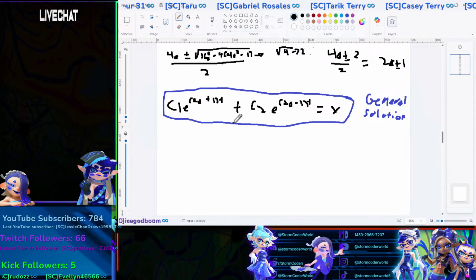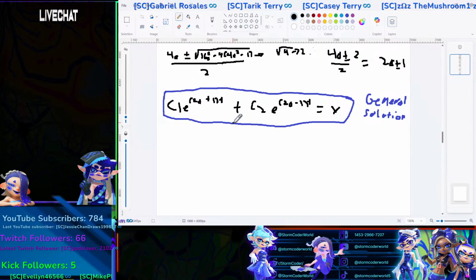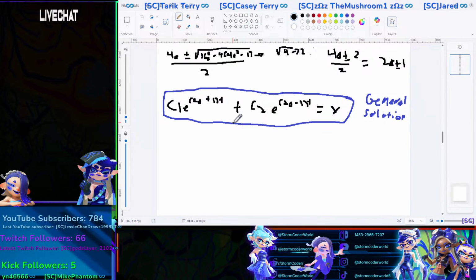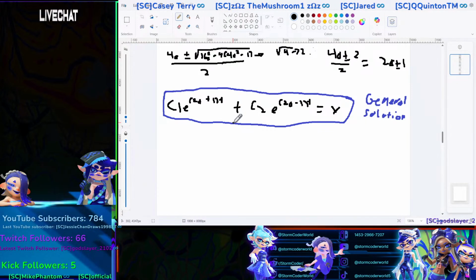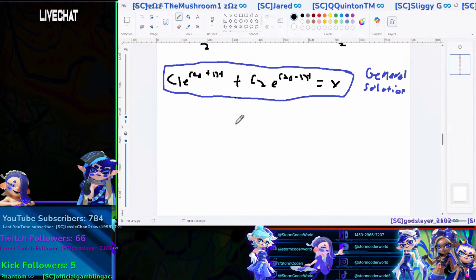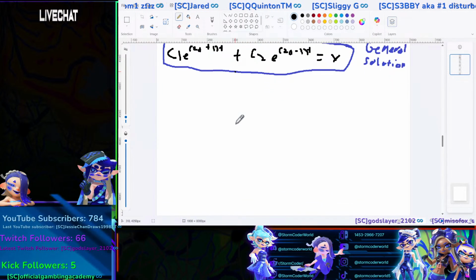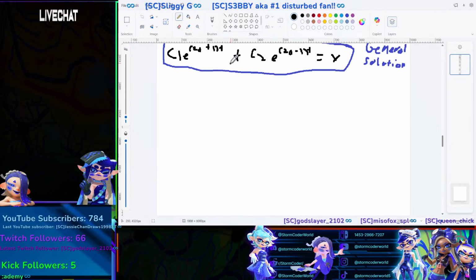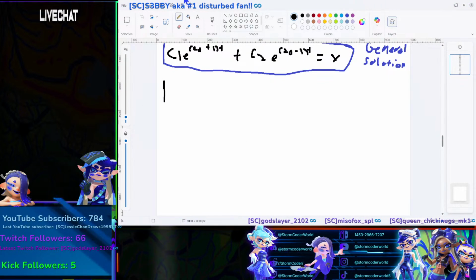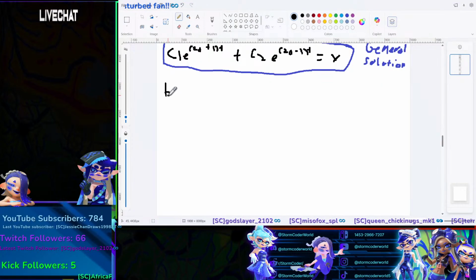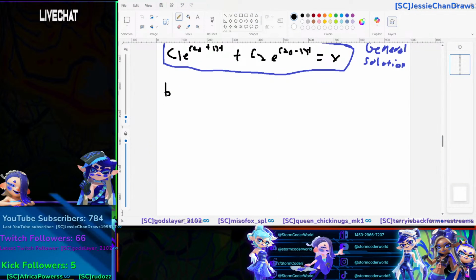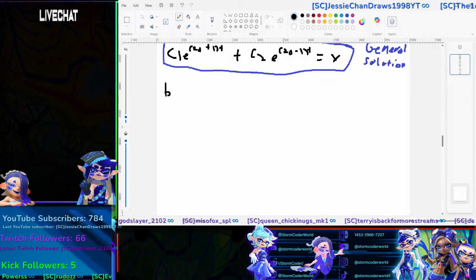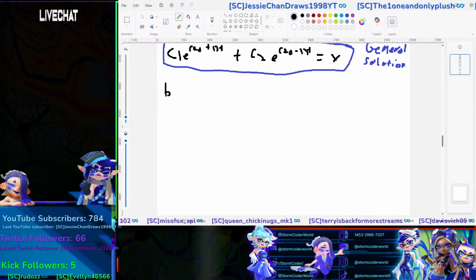Okay, so now looking from this perspective at the problem, what would be next in this case? Part B of this problem is asking, determine the values of alpha, if any, for which all solutions tend to 0 as t goes to infinity.